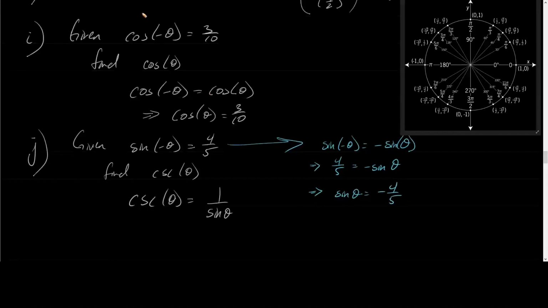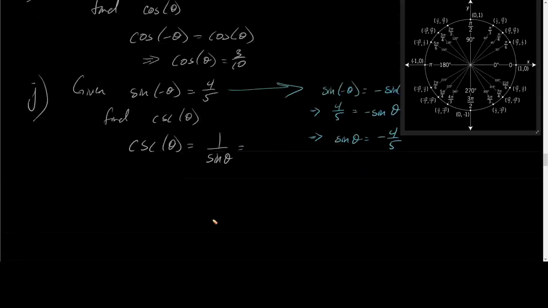So here, 1 over sine theta would simply be 1 over negative 4/5. Dividing by a fraction is multiplying by the reciprocal, so it's just going to be negative 5/4. All right.